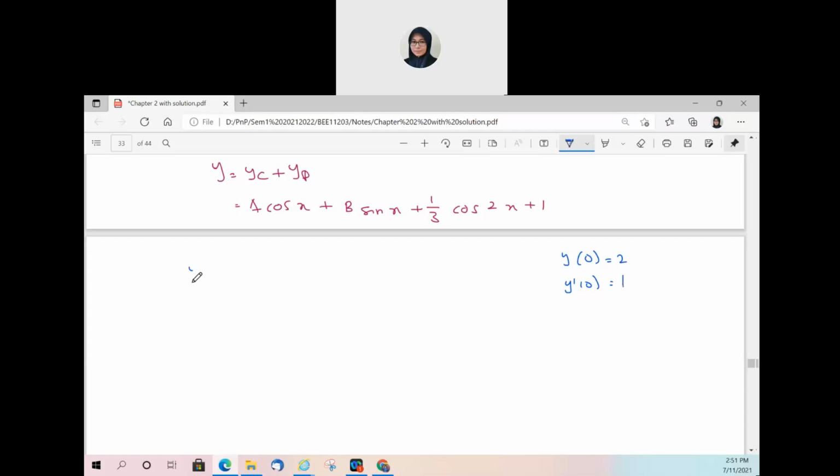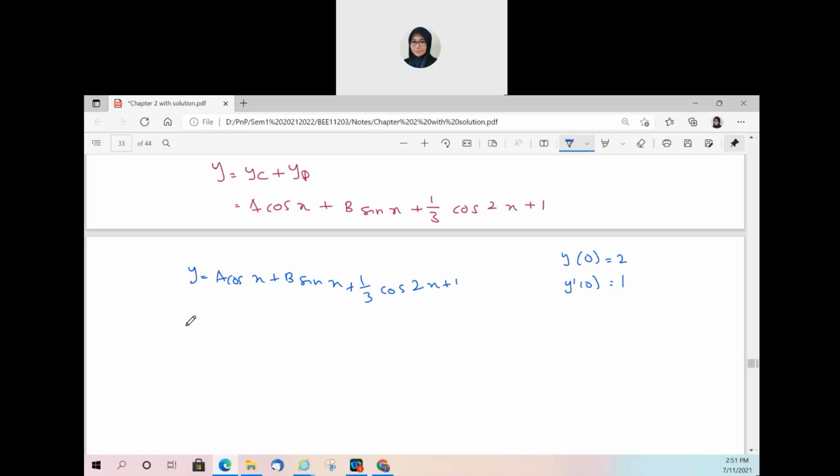So this is our Y: A cos x plus B sin x plus 1 over 3 cos 2x plus 1. So here you have an initial condition for y prime.